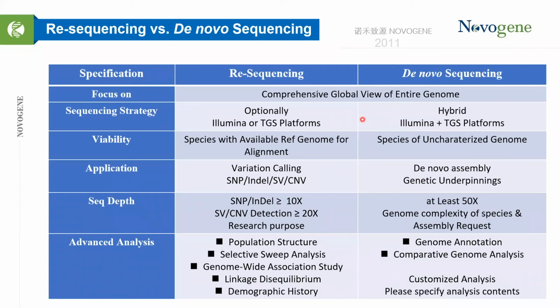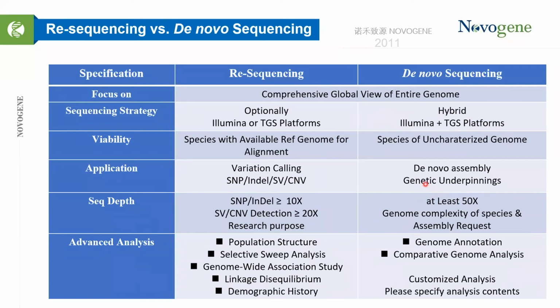The main purpose of resequencing is for the variation calling. However, in the absence of reference genomes, the de novo assembly constructs the reference genomes as genetic underpinnings for the biological research of this species.